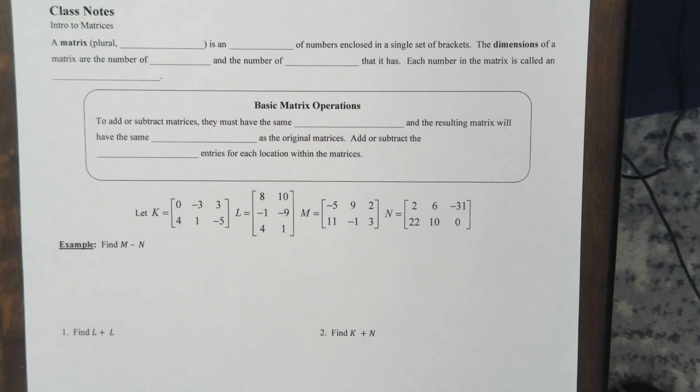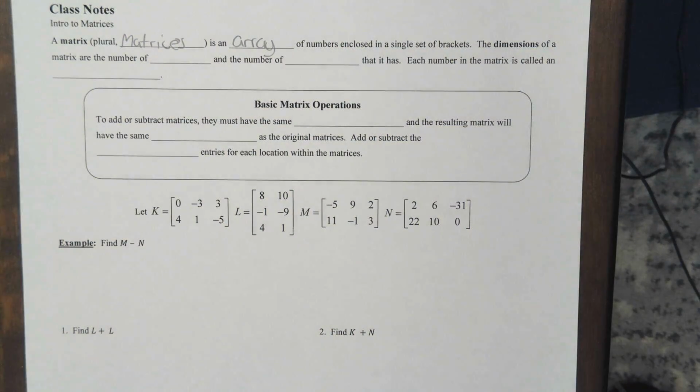Okay, so just going to the top here through the blanks, it says a matrix, plural matrices, is an array of numbers enclosed in a single set of brackets.